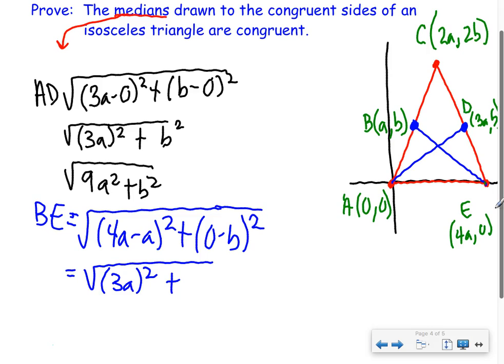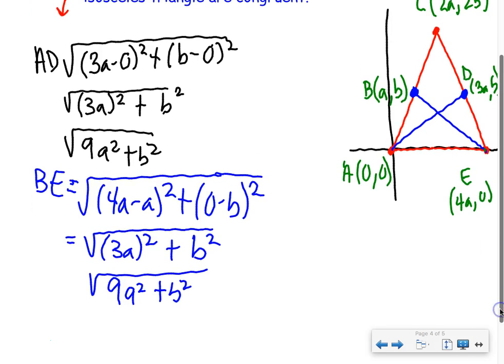It's still just B squared. We should get the same. Distribute the 2, so I'm going to get 9A squared plus B squared. Is that what we wanted? Yes. So look, you just proved they're the same.